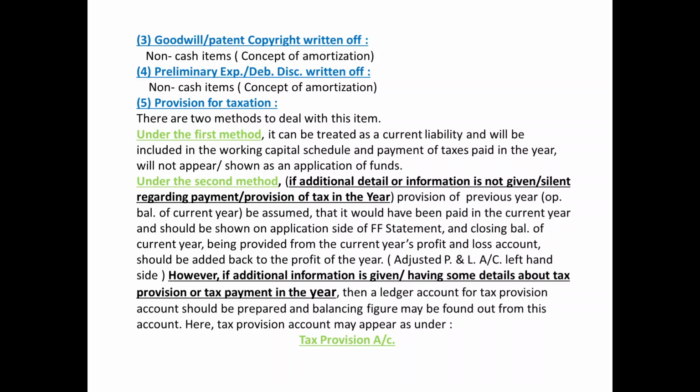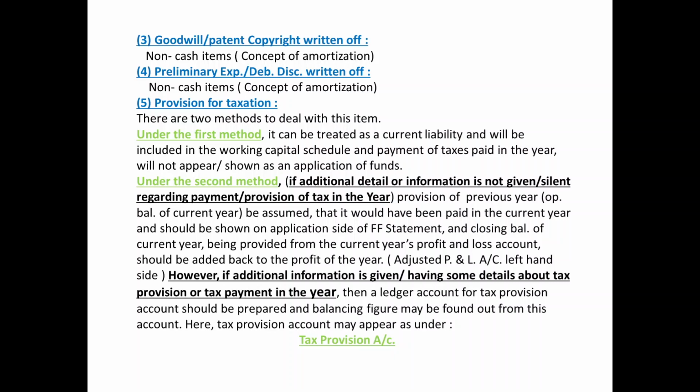And the closing balance of the current year, being provided from the current year's profit and loss account, should be added back to the profit of the current year. That is on the left hand side or debit side of adjusted profit and loss account.